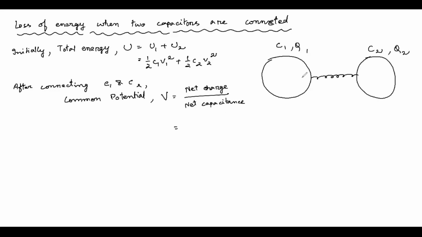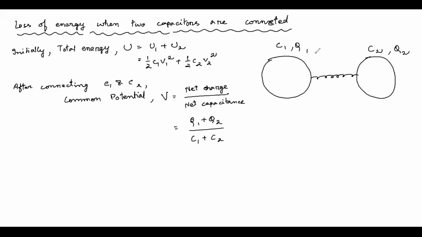Once you connect them, there will be sharing of charge, but your net charge value will remain the same. That is not going to change, isn't it? So your net charge value will be Q1 plus Q2, and your net capacitance will be C1 plus C2, because initially they had C1 and C2, and once you connect them, you have a net capacitance of C1 plus C2.